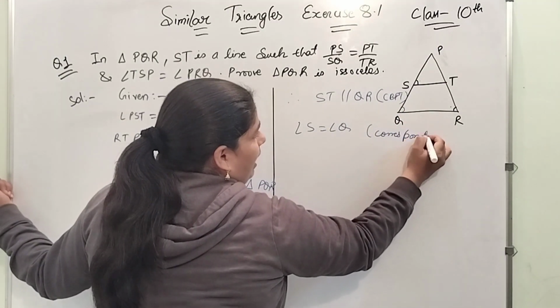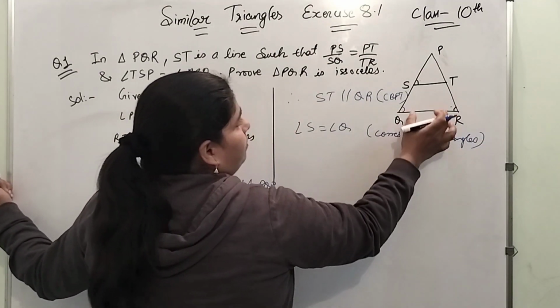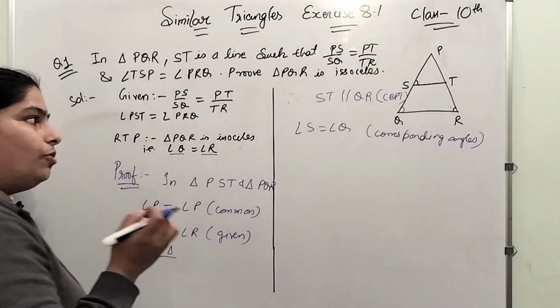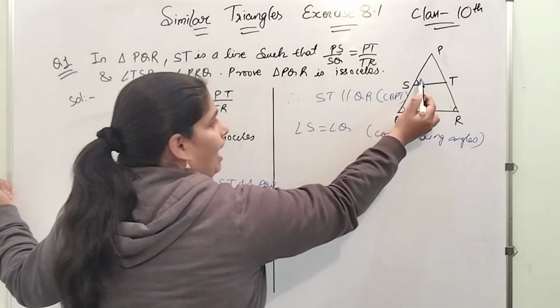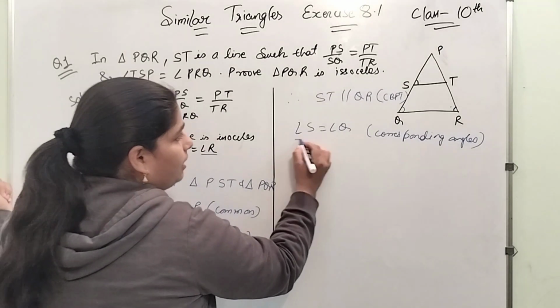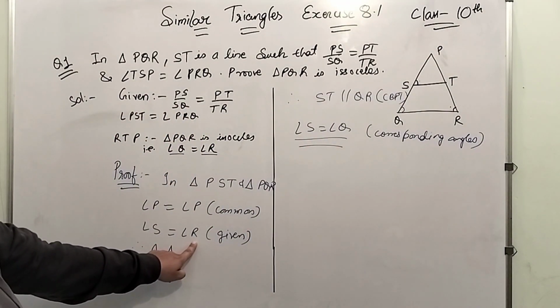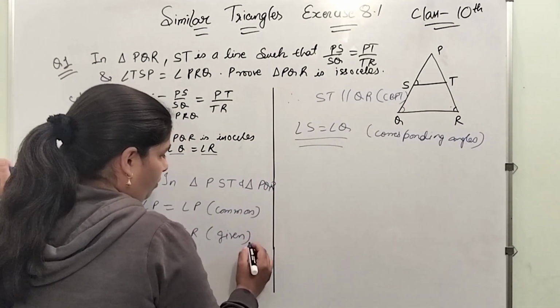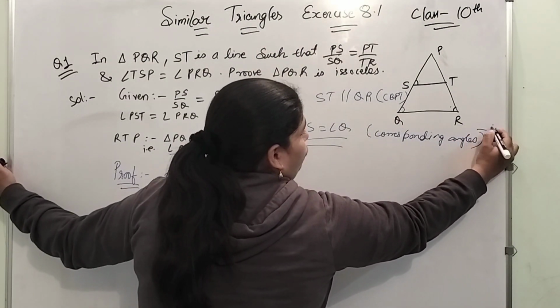When corresponding angles are equal, the lines are parallel. So, when lines are parallel, the corresponding angles are equal. Therefore, angle S is equal to angle Q. Now, we have already been given that angle S is equal to angle R. Therefore, we will call this 1 and this 2.